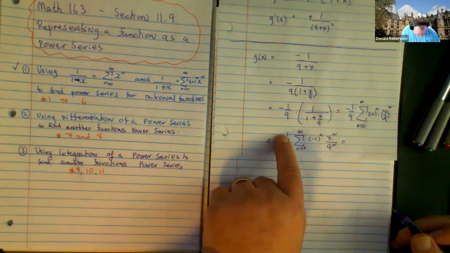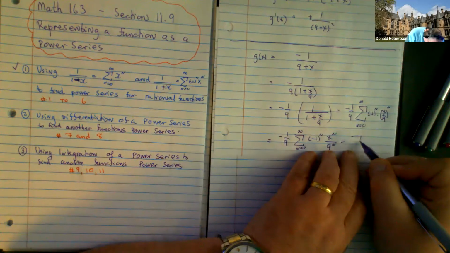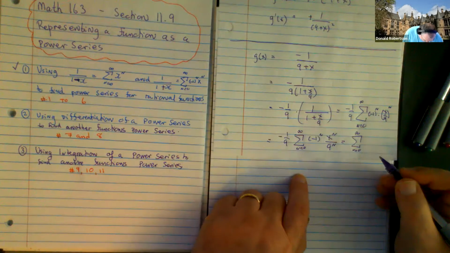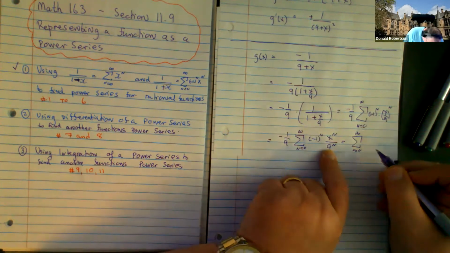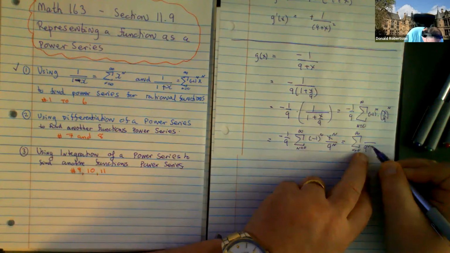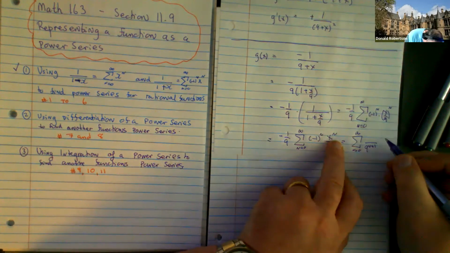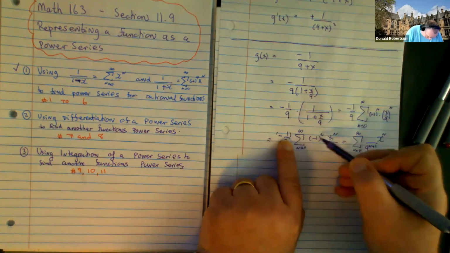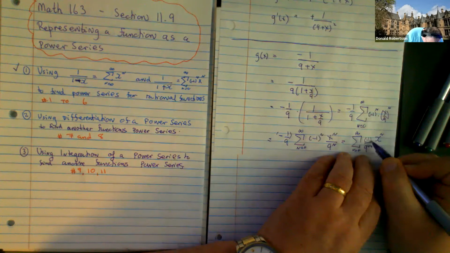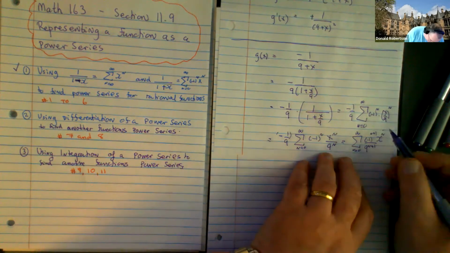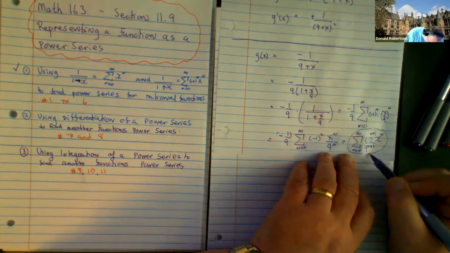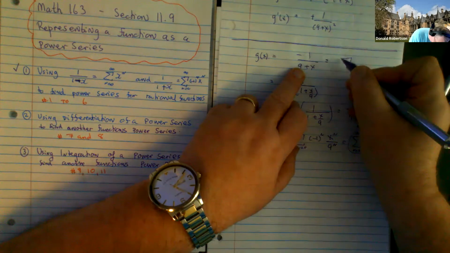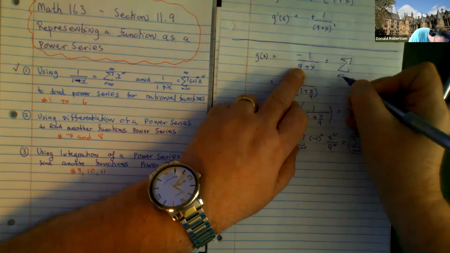Now I'm going to bring in all of this inside the sigma, and we should be done. Well, there's not an awful lot happening. The 9 on the bottom can join that, and that gets me 1 extra power of 9. And there's nothing really happening with the x to the n, and I'm going to call that -1, so it joins this guy. You get -1 to the n plus 1. And that fella is the power series of this fella. So I now have kind of halfway there.